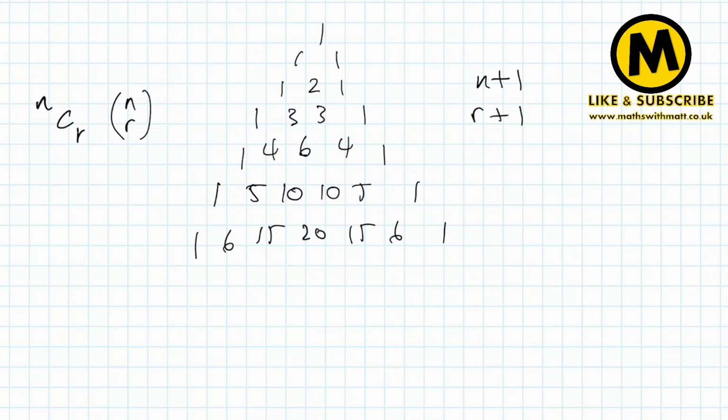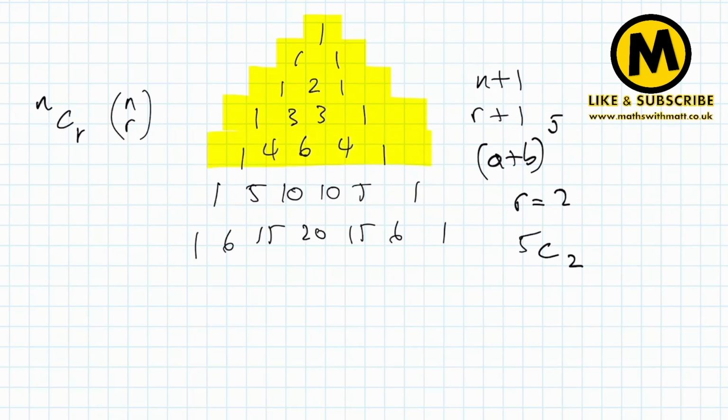For example, if we had (a + b) to the power of 5 and we were considering the third term, r is equal to 2 in our binomial expansion, we would have 5 choose 2, which means we would look for the 1, 2, 3, 4, 5, 6th row and the r plus 1, which would be the third entry.